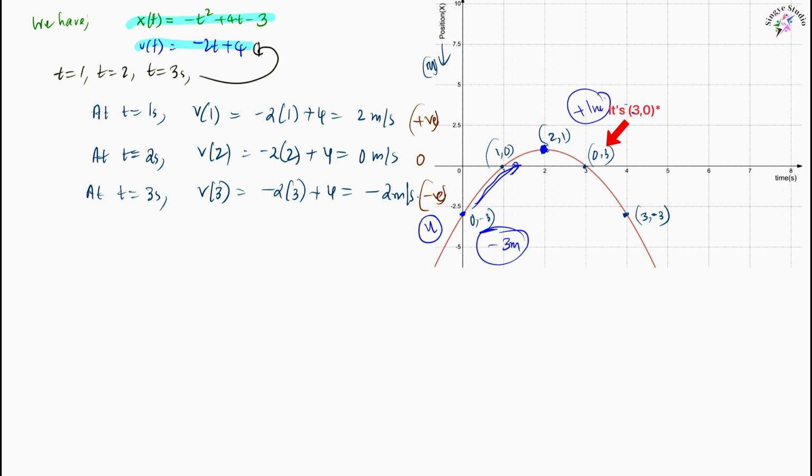At this point the particle comes to rest. So at this highest point, we know from the straight line motion that the final velocity v should become 0, which corresponds to here. At 2 seconds the particle's velocity has become 0, so it exactly corresponds to our graph.